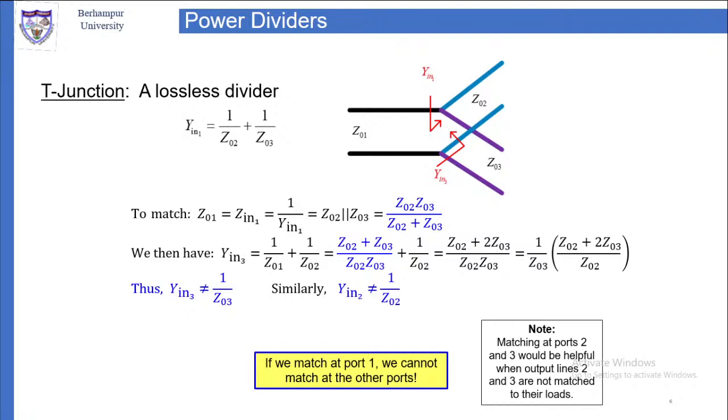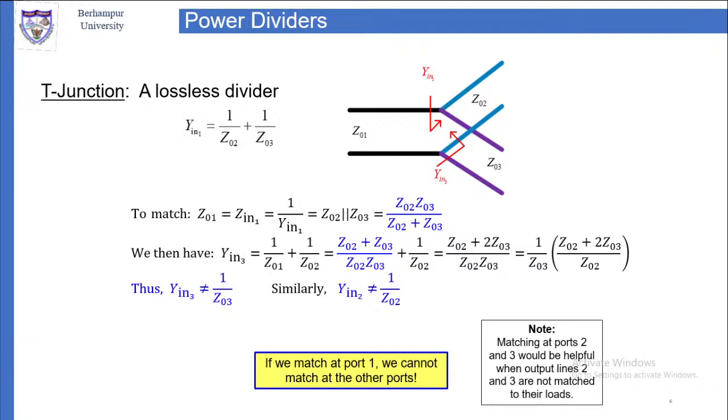Y02 is equal to 1 by Z02 and Y03 is equal to 1 by Z03. Therefore, the input admittance Y in 1, looking from the left side, is equal to 1 upon Z02 plus 1 upon Z03.